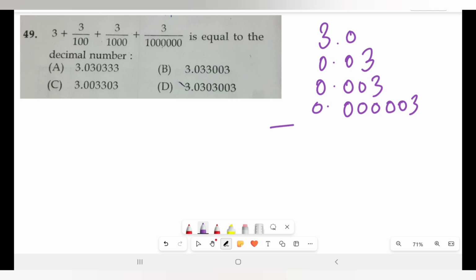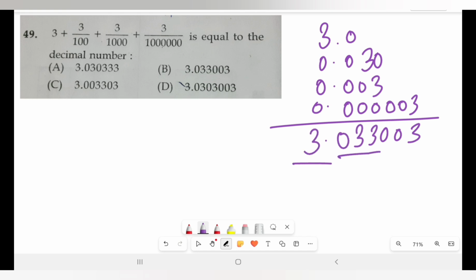Now we have to add. So the answer will be 3.033003. So this is the answer.